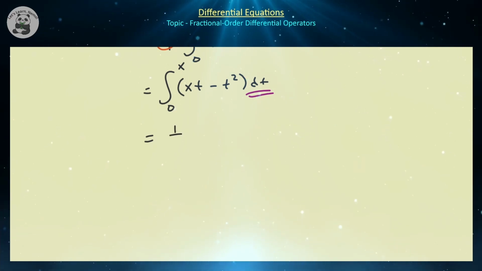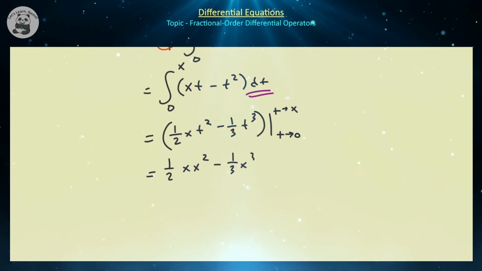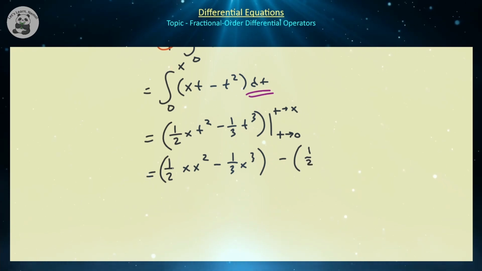So this is going to be equal to 1/2 x t squared minus 1/3 t cubed, and then we're going to be evaluating this as t goes to x and as t goes to 0. So as t goes to x, we're going to have 1/2 x times x squared minus 1/3 x cubed, and then minus 1/2 x times 0 squared minus 1/3 0 cubed.